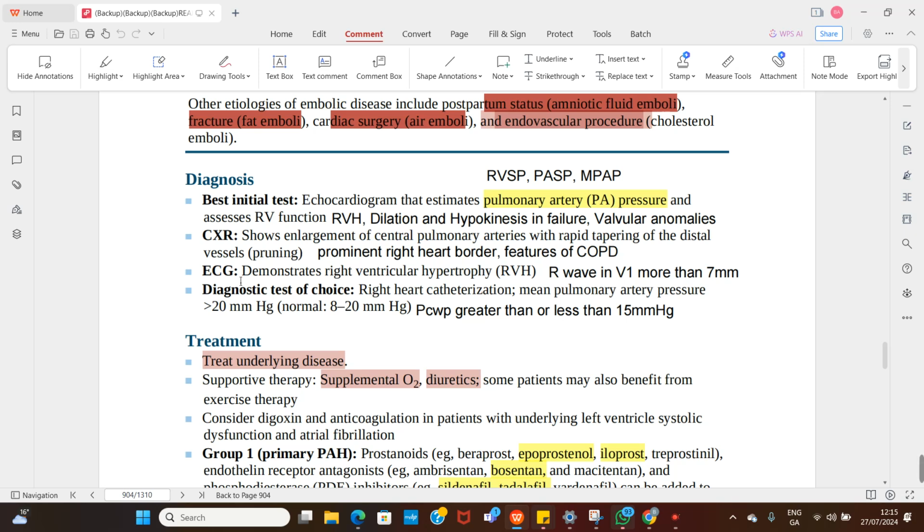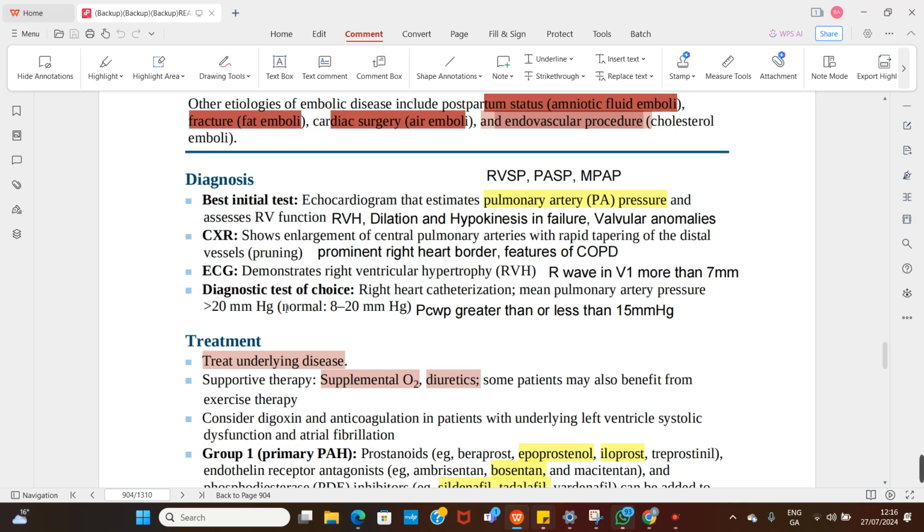If you do your ECG, you are going to see evidence of cor pulmonale remodeling, right ventricular hypertrophy. And how do you make the diagnosis of right ventricular hypertrophy? Your R wave is going to be tall in V1, more than 7 millimeters. What's your diagnostic test of choice? What do you want to go for? The best. If they tell you the most accurate test or the best, it is your right heart catheterization.